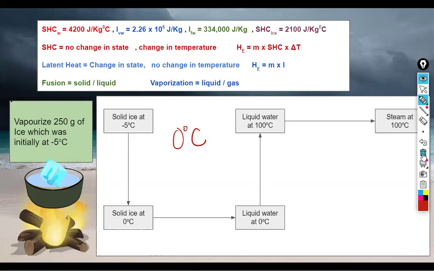So let me explain what you're going to do. Let's pretend you're trapped somewhere in Alaska and you want some water to drink. So you take a block of very cold ice and you're going to melt it. Not only melt it, you're going to boil it and, for some reason, change it to steam. I'm not too sure why you're changing it to steam if you're thirsty, but let me just assume.